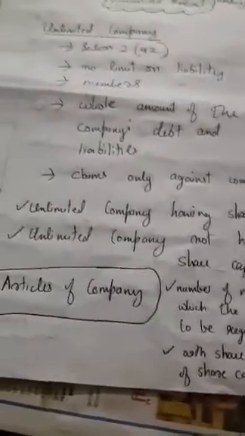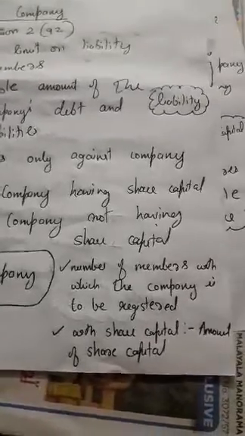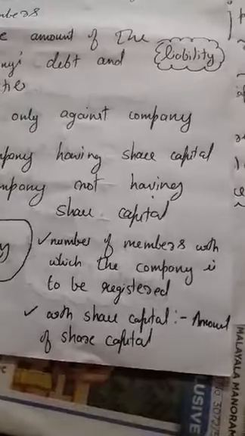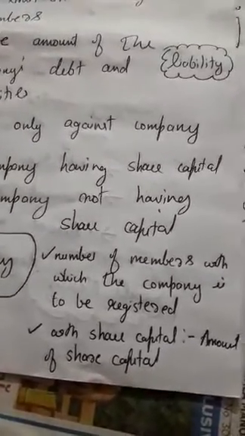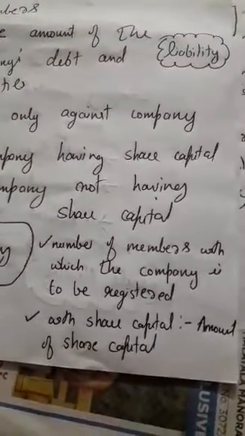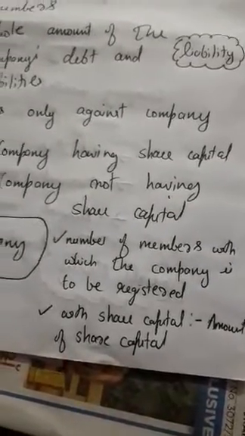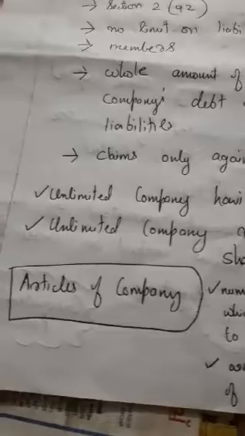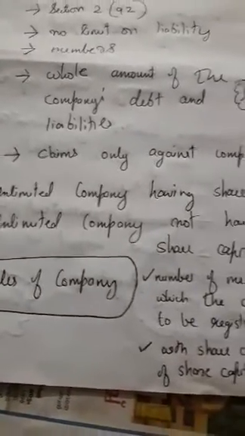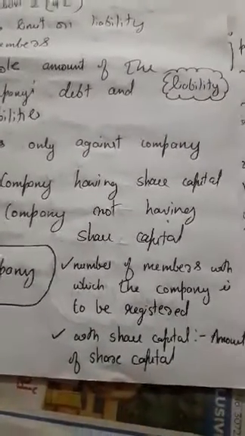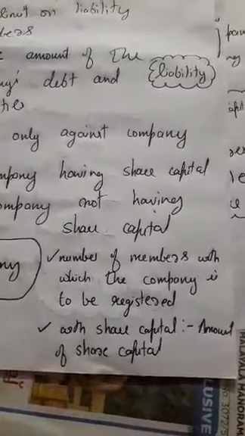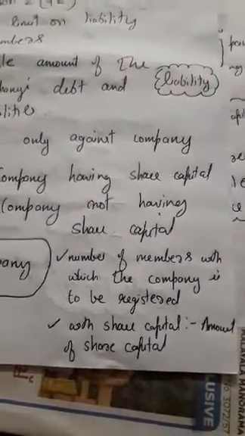And this unlimited company can be further classified as unlimited company having share capital and unlimited company not having share capital. Okay. The articles of the company, for an unlimited company having share capital or not having share capital, contain the number of members with which the company is to be registered.